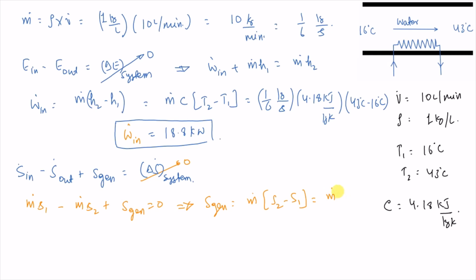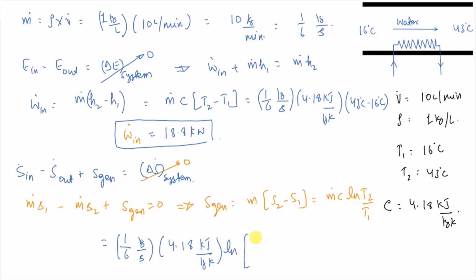which will be equals to m dot c natural log T2 divided by T1. So we have all the values, we can plug it here. M dot we have 1 by 6 kg over second times C we have 4.18 kilojoule over kg Kelvin times natural log T2 divided by T1.